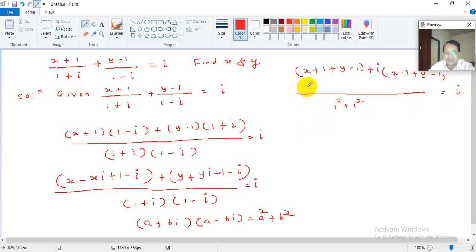म्हणजे आता काय काय झालं बघा, हे x plus 1 y minus 1, 1 आणि minus 1 कॅन्सल होतील. So you get just x plus y plus i into, किती होईल बघा, हे minus x minus 1, y आणि minus 1, बघा ते चेक करा पुन्हा, y into 1 is y, yi minus 1 आणि minus i. Okay, so here it is not cancelling. It is not x plus x minus xi.